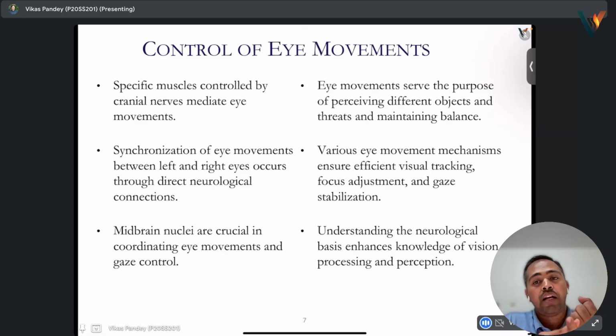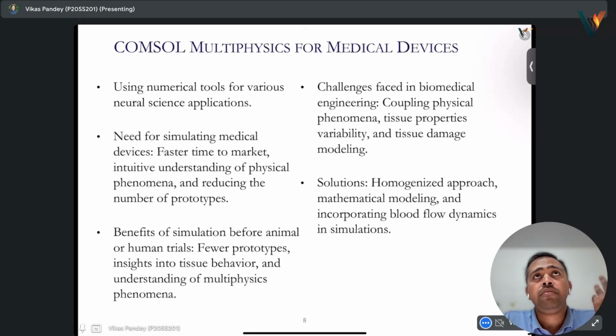Okay, various eye movement mechanisms ensure visual tracking, focus adjustment, gaze stabilization. So why are we doing this? Because understanding the neurological basis enhances knowledge of vision processing and perception, and that can help us make some improvement. Some people suffer from some problems.